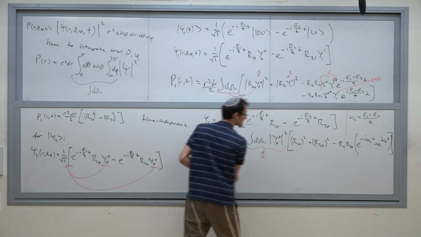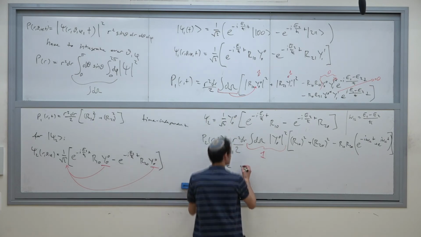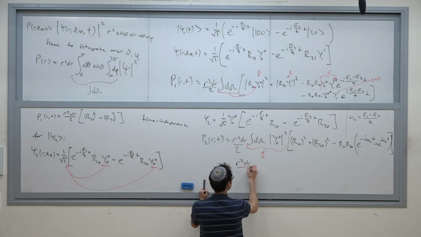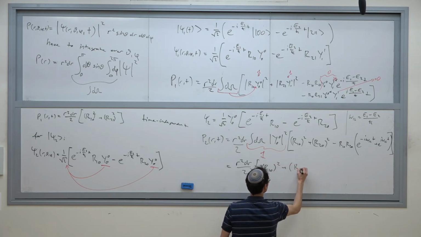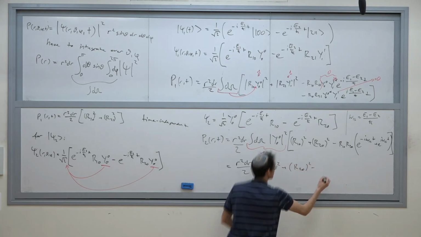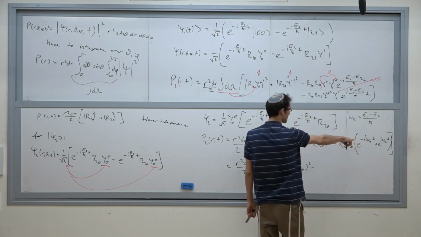So now, you see that your probability is not time independent. It's these radial functions, which once again you can look up in the table. But then there's this cross term, which is a cosine.